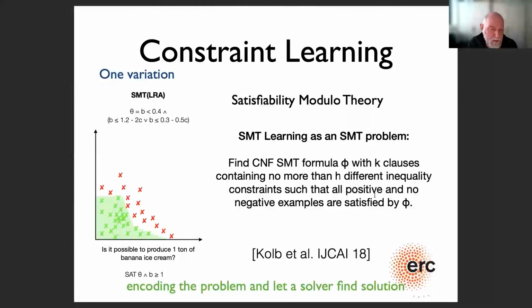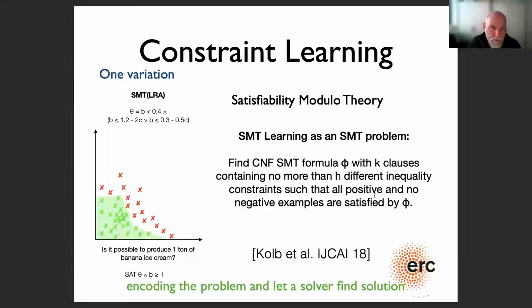That's like these Boolean CNFs extended with inequalities and numbers, this LRA domain, and you can then express things like B should be less than 0.4, and a disjunction between two other inequalities should be holding. And so you can get positive and negative examples. And the question is, can you come up with such a formula in this format that will classify most of the examples correctly?